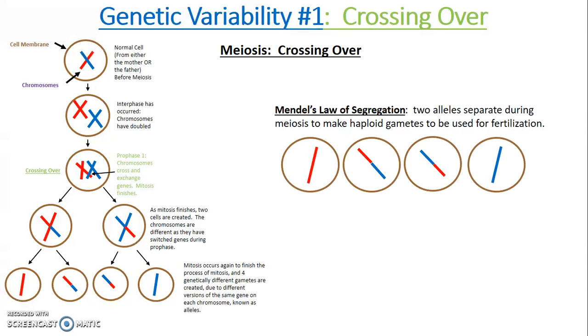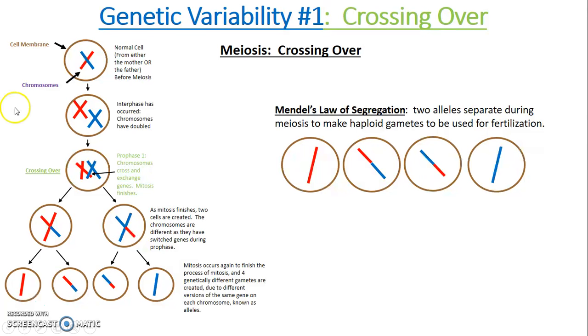And so remember, these are either all egg or all sperm. And these can now be used to combine with an egg or a sperm to create a zygote. So fertilization can occur. And so this, again, is the first form of genetic variability.